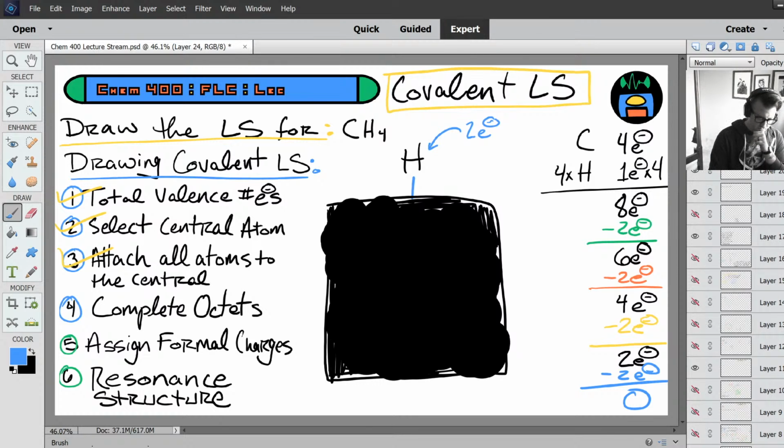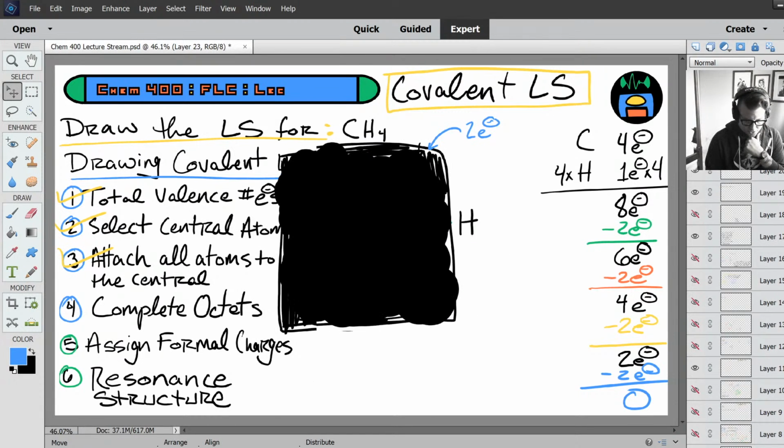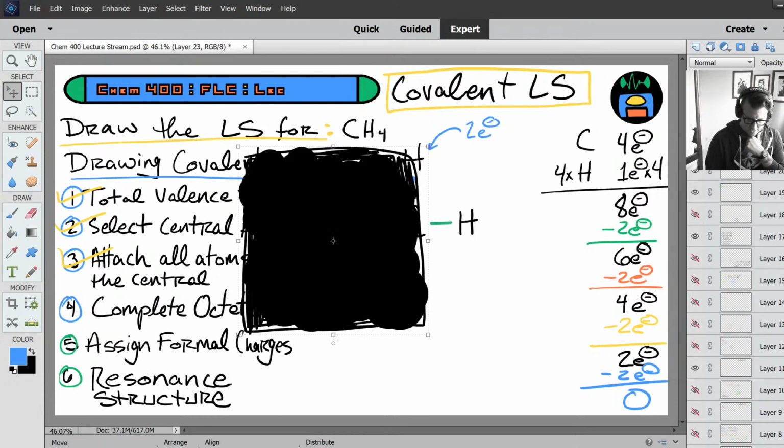If we move our blackout page over and ask about this hydrogen, how many electrons does it have? Well, this guy has access to the 2 electrons in that bond, so it has access to 2 valence electrons. It's content.